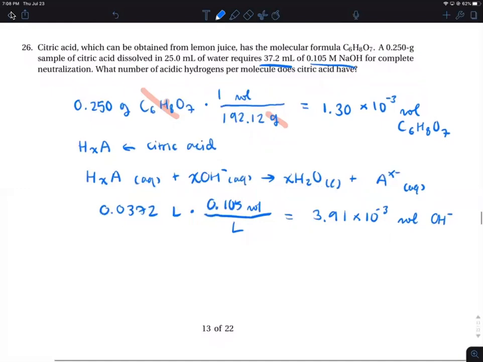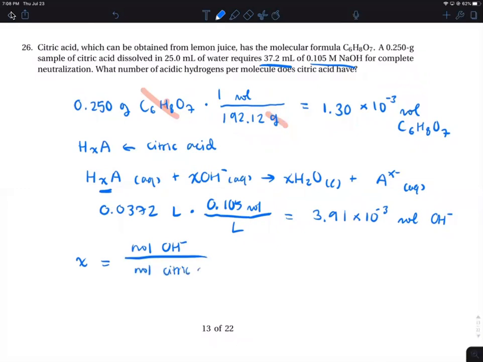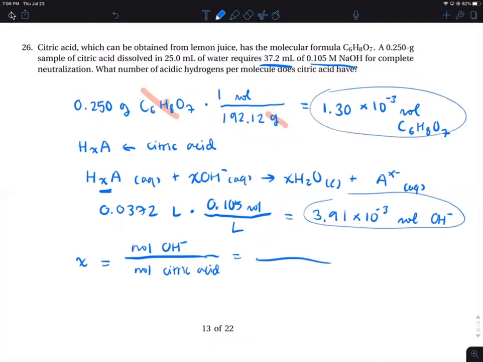Then we can find this X just by doing moles of OH minus divided by moles of citric acid. We already found the moles of citric acid at the top, and then we can use this value too. So we just do 3.91 times 10 to the minus 3 divided by 1.30 times 10 to the minus 3.